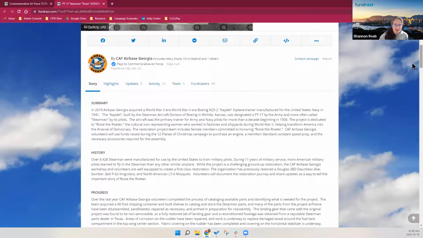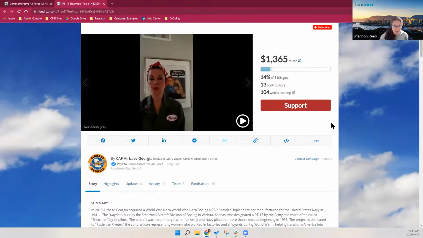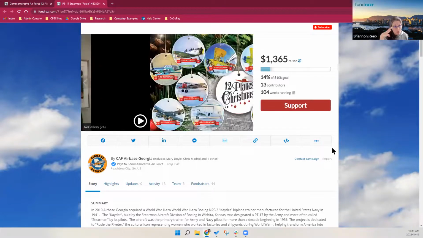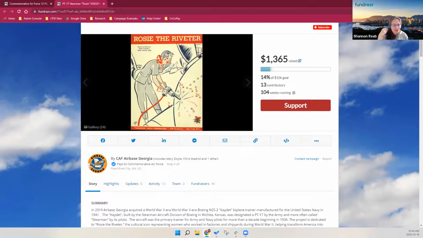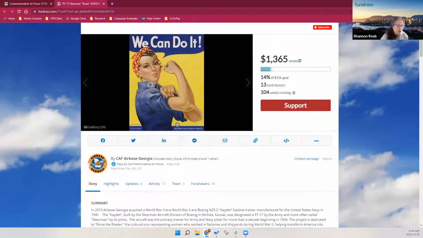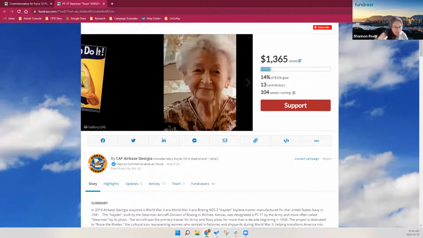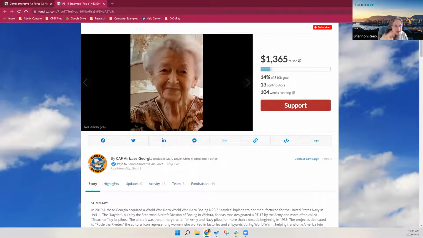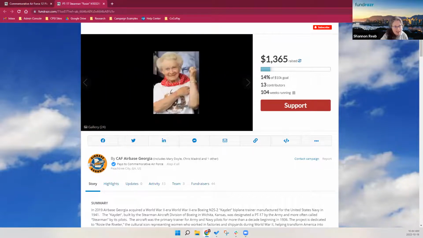And I know this one doesn't have any updates, unfortunately, but last year's campaign actually had an update with a picture of a woman who was a riveter, a Rosie the Riveter. So the updates are specific to this campaign. If I were to donate to this campaign and you update this sub-campaign, that update will only notify supporters of this campaign.